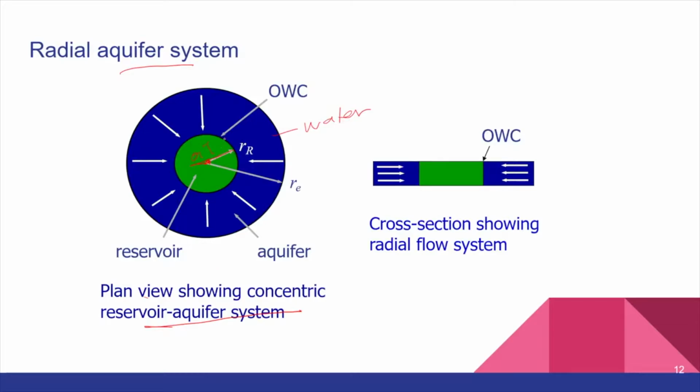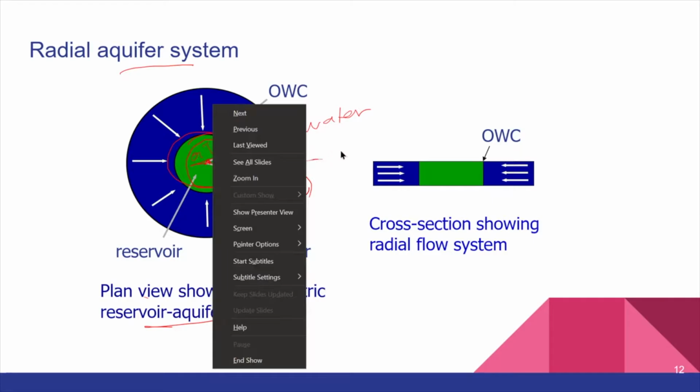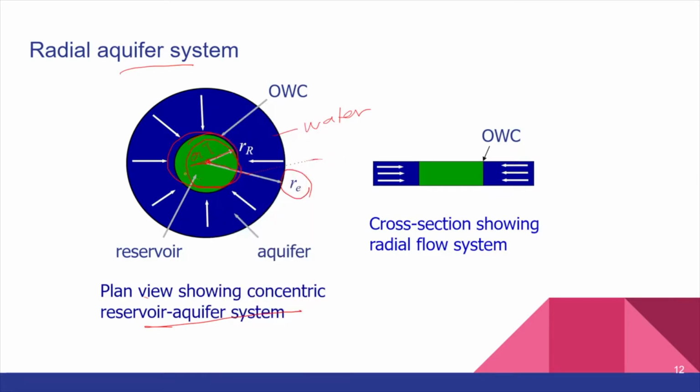So this is called Rr. And your Re is the radius from the middle towards the end of your water aquifer boundary. So if you have your water here, the Re is from the middle to the water boundaries.